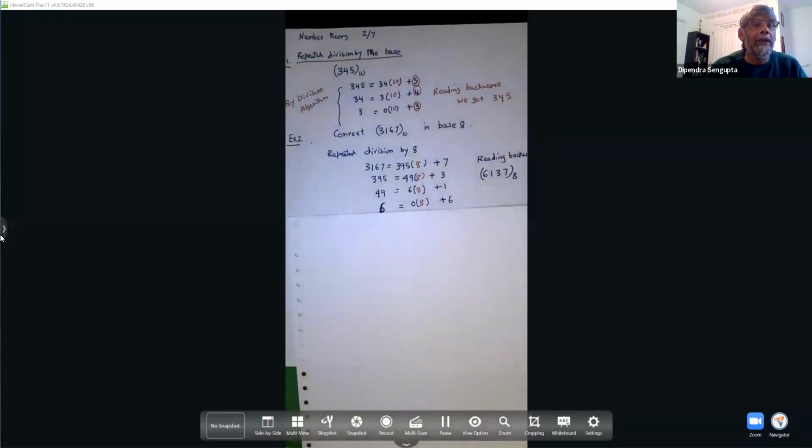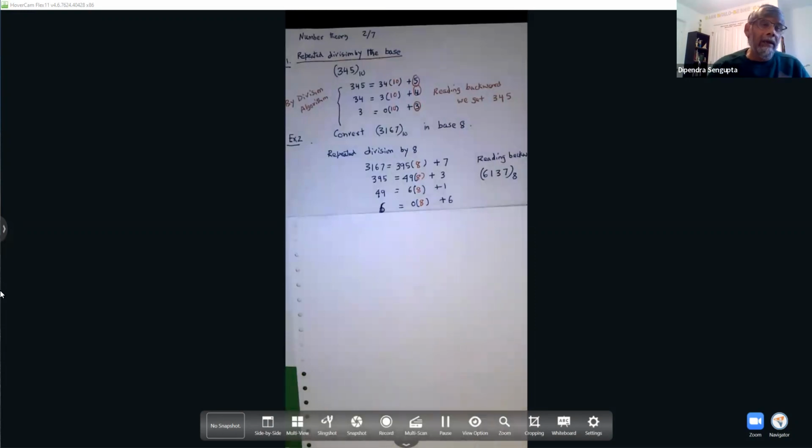And that's your answer, right? So I'm showing you how to convert from decimal to any other base. In this case it's base 8, right? This will work exactly the same way for any other base.